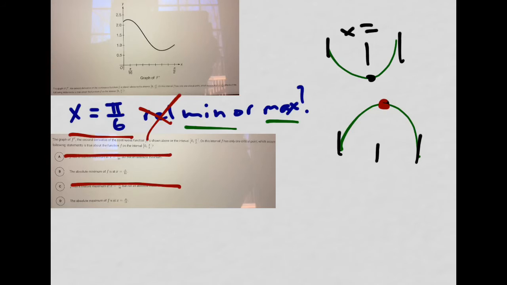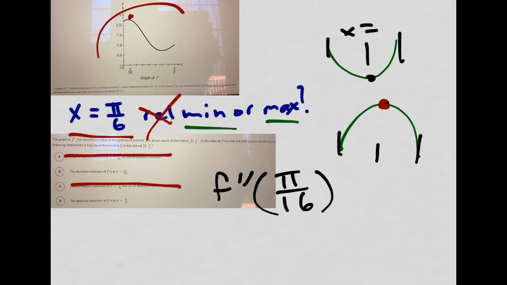So now let's take a look at actually finding whether it is a min or a max. If it's a min, then using the second derivative for relative extrema would help out. So what's going on at pi over 16 in the second derivative? Well, pi over 16, much like everything over here, is positive.